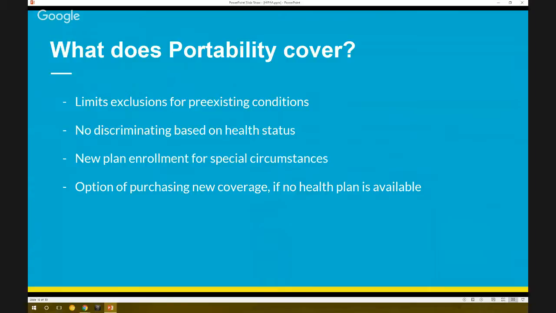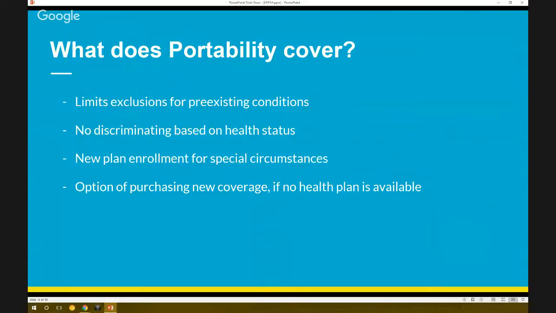But for portability, when it's talking about a pre-existing condition, that is not a factor that will eliminate you from the health coverage. The second point is no discrimination based on your health status.